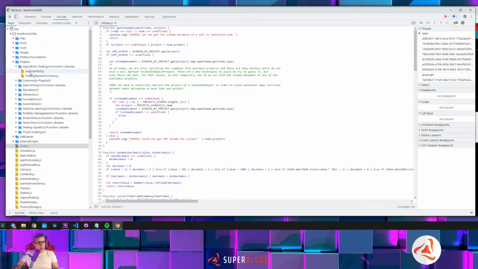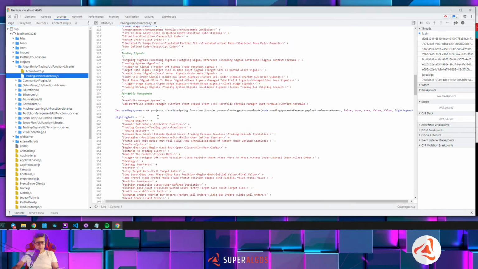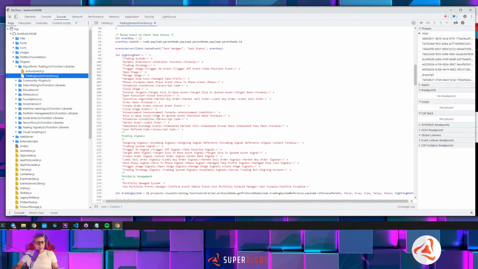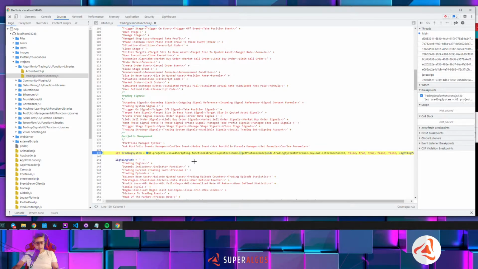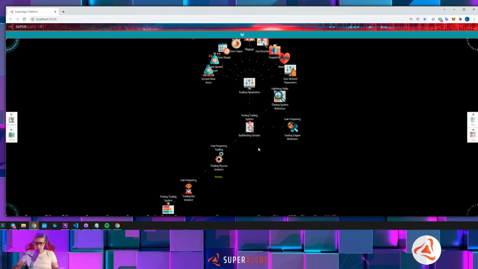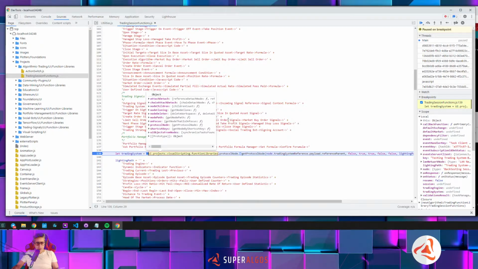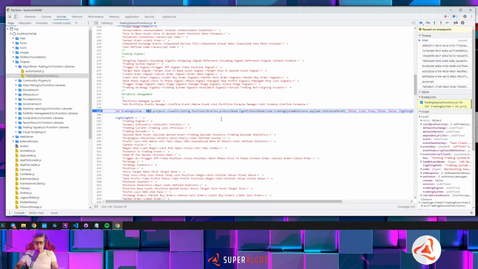Let's stand here and we will send a run session. So just run it.